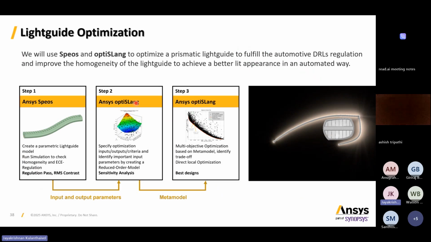And once we have done it, this is what we will be doing. We will be using Ansys Speos to create a light guide like this, and we'll be running the simulation to check the homogeneity as well as the ECE regulation. Okay, now we have done it actually. So the regulation pass is done, and we have taken values like average illuminance value, RMS contrast value, and all.